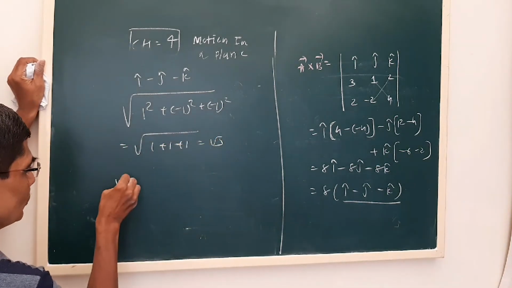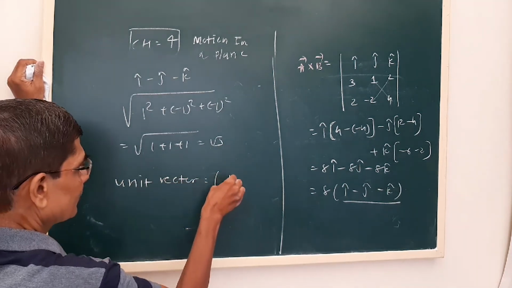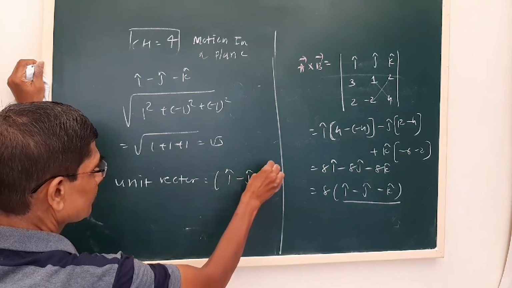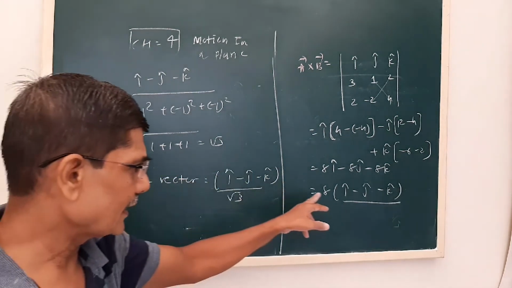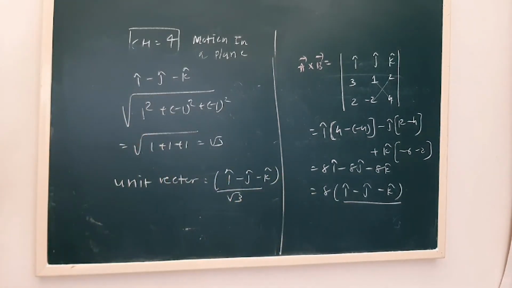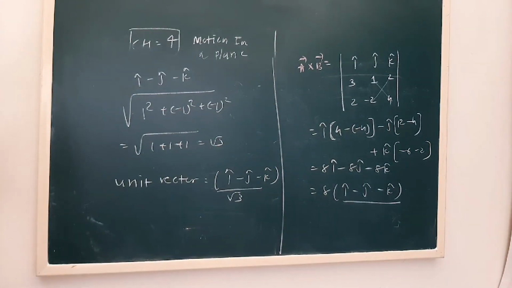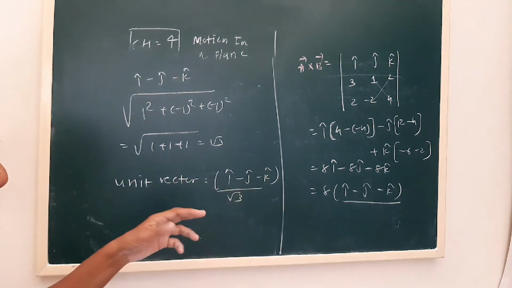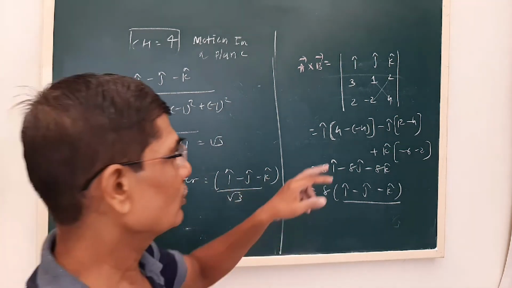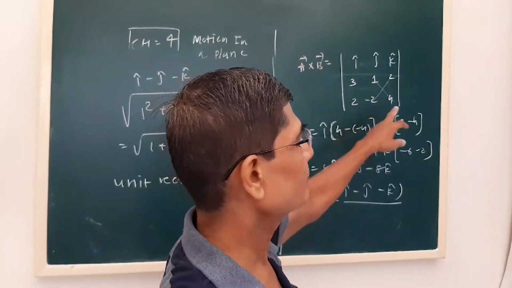Okay, so if I take 8 out, the final answer is going to remain the same. Why? It will be cancelled because it is a coefficient of every term. So this is how we can solve. See, this i minus j minus k upon root 3 will be a vector perpendicular to both 3i plus j plus 2k and 2i minus 2j plus 4k.